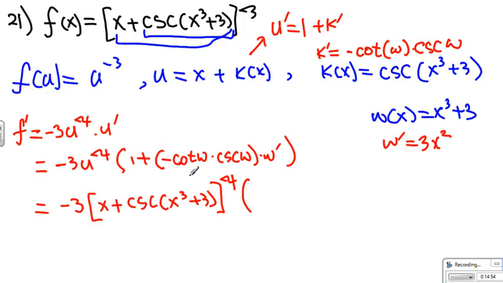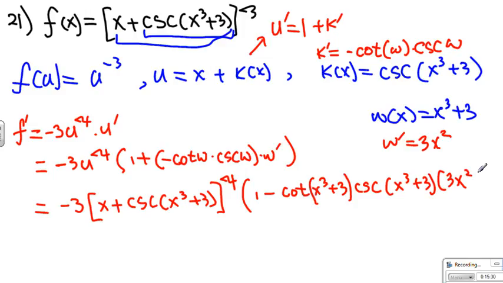Now, the one after would be 1 plus, or 1 minus because of the minus sign, cotangent of w, which was equal to x cubed plus 3, and then cosecant of x cubed plus 3. And then we only multiply to these. Only to that portion we have to multiply by w prime. W prime here becomes 3x squared.